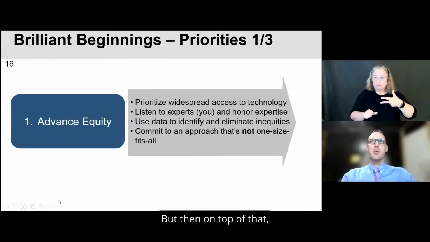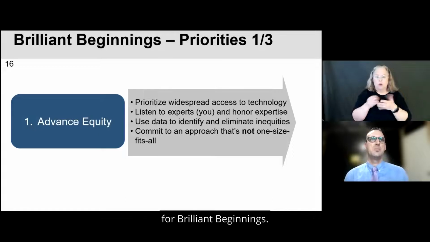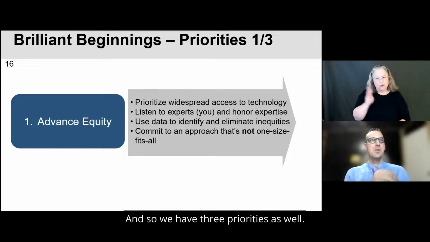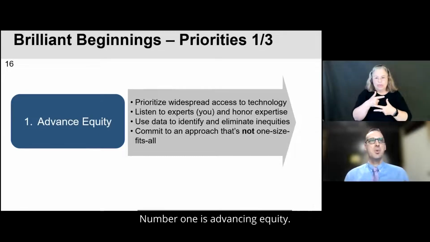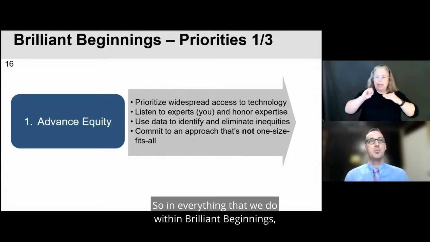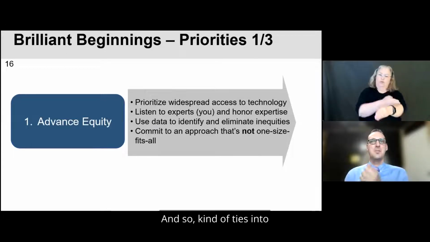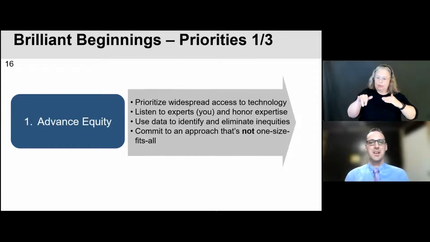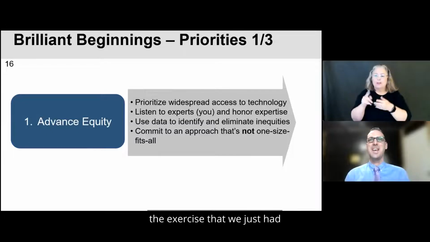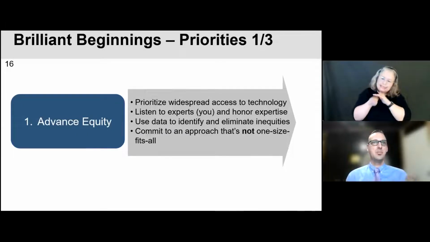But on top of that, even more important are the priorities for Brilliant Beginnings. We have 3 priorities as well. Number 1 is advancing equity. In everything that we do within Beginnings, we're looking to advance equity. That ties into the exercise that we just had, prioritizing how technology can be accessible and widespread.